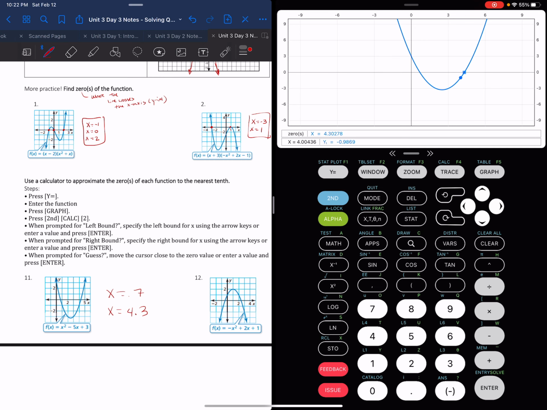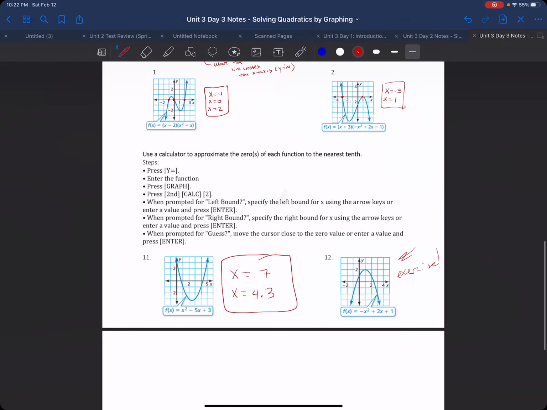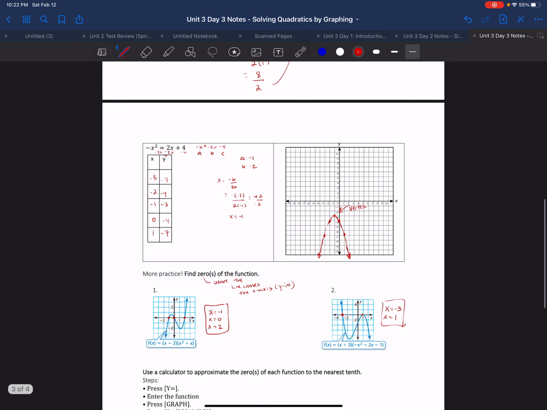So these are our x values, and I'll let you do the rest on your own. That's an exercise.